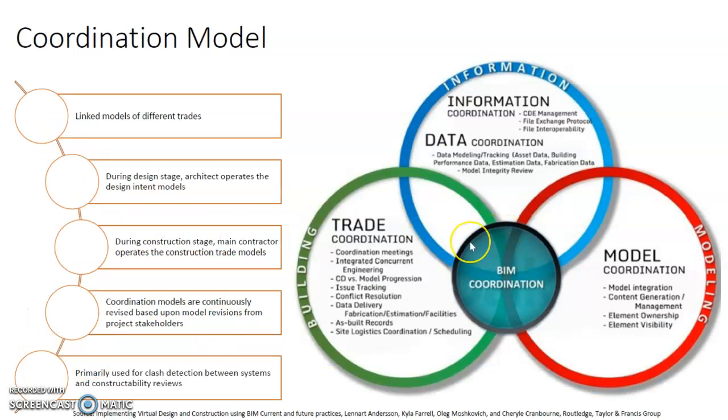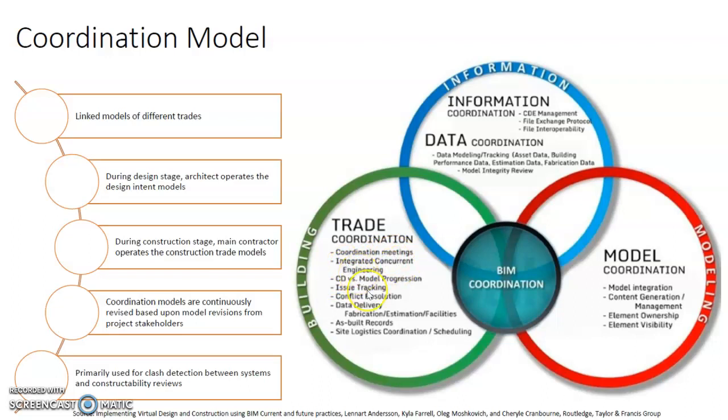When we are doing coordination, we are actually coordinating in different areas. Of course, we need to coordinate among the different trades. And among the different trades, the typical way we have coordination is to have meetings. We can call them coordination meetings, or some meetings are what we call integrated concurrent engineering meetings.